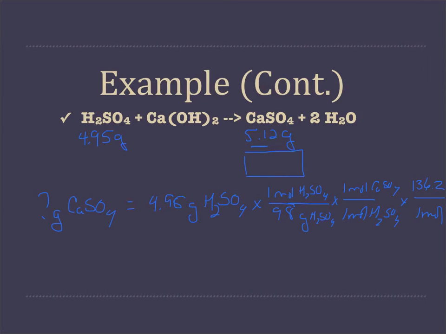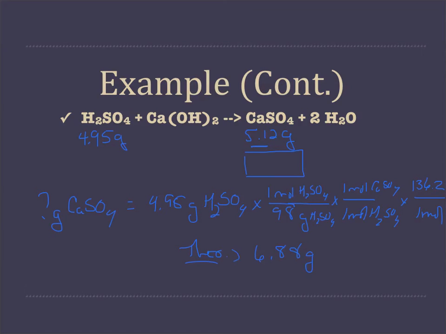So we would take 4.95 divided by 98 times 1 divided by 1, no problem, times 136.2, and I get 6.88 grams. Okay, so this number, this is my theoretical.